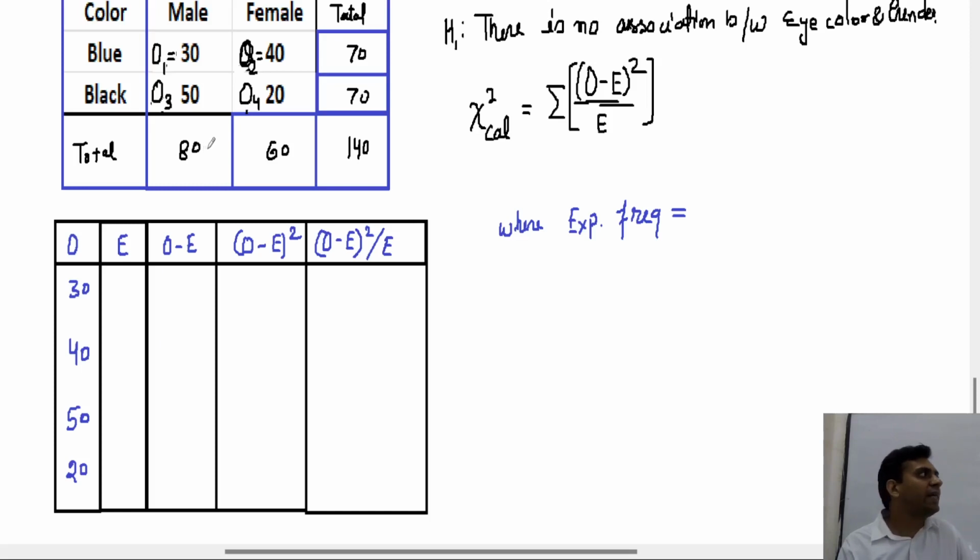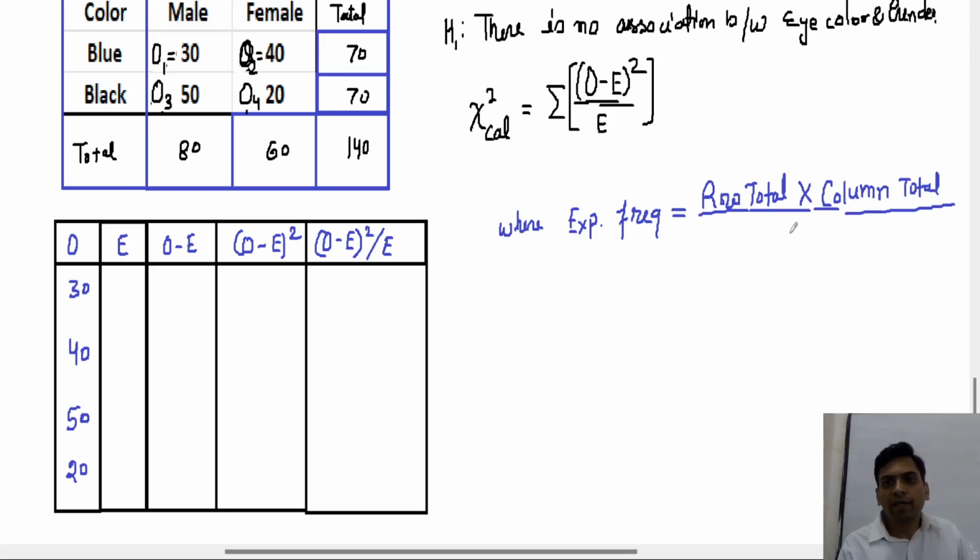Multiply करेंगे इन दोनों का and divided by grand total. So formula is: row total multiplied by column total, and this product divided by grand total.